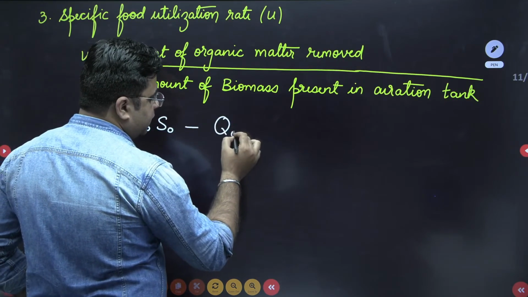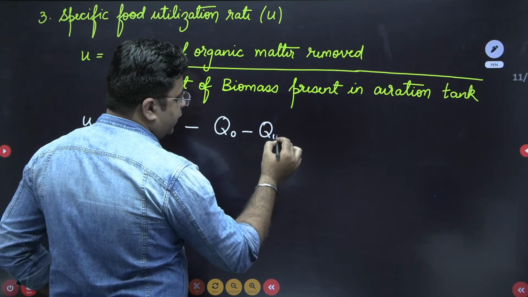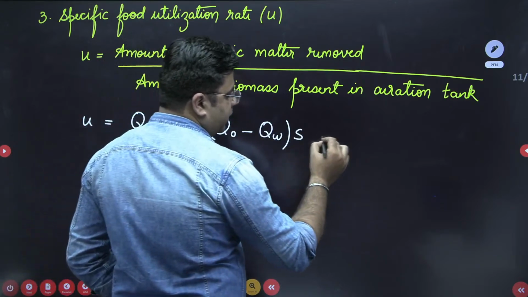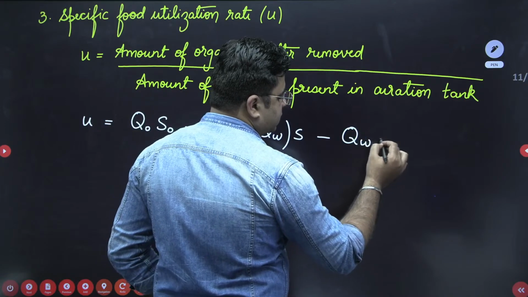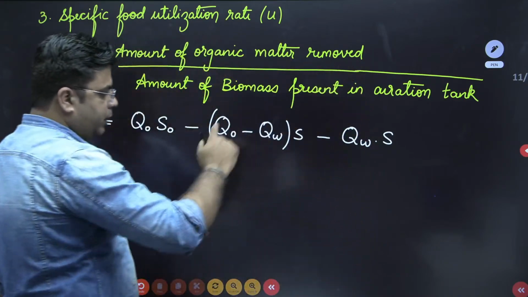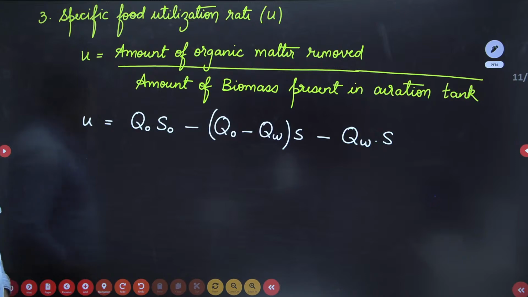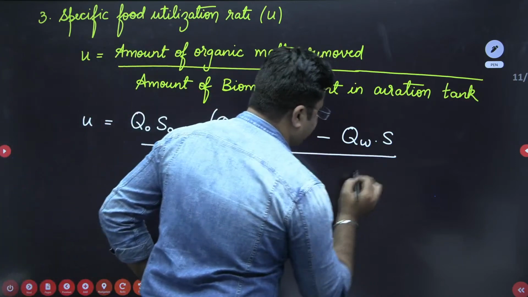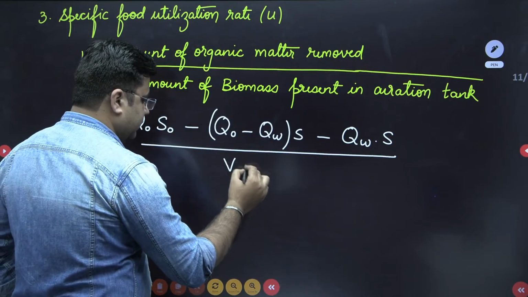So one is Q naught minus QW into S. This is one. Second is minus QW into S. So from two places the organic matter was leaving, divided by the amount of biomass present in the aeration tank. So this is equal to V into X.